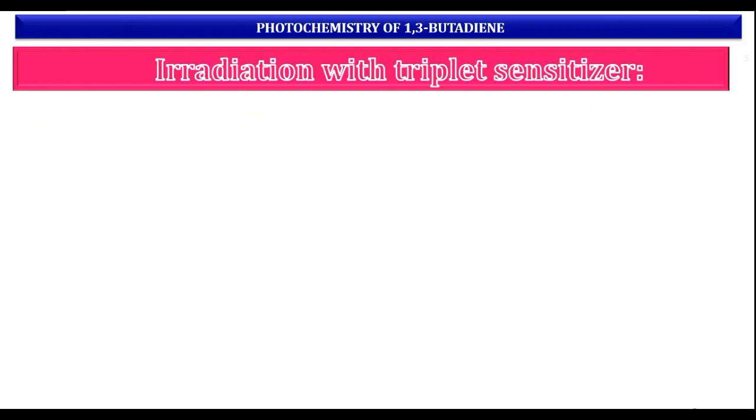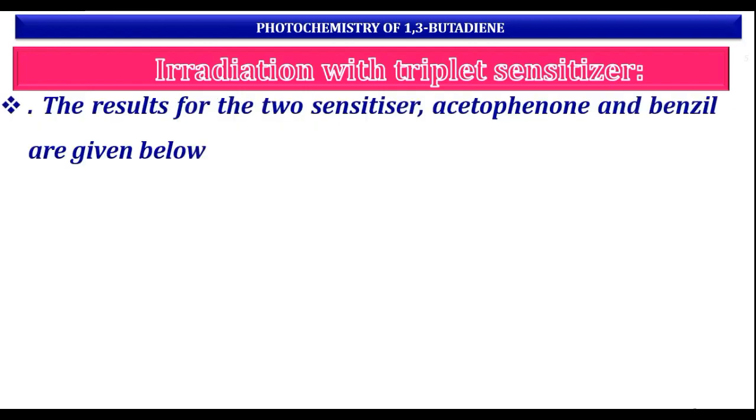When you use less than 60 kilocalorie energy, the cis isomer undergoes reaction, and its concerned products are obtained. So let's see. When you use two sensitizers, one sensitizer is acetophenone, another is benzil. Let's see what the products are.